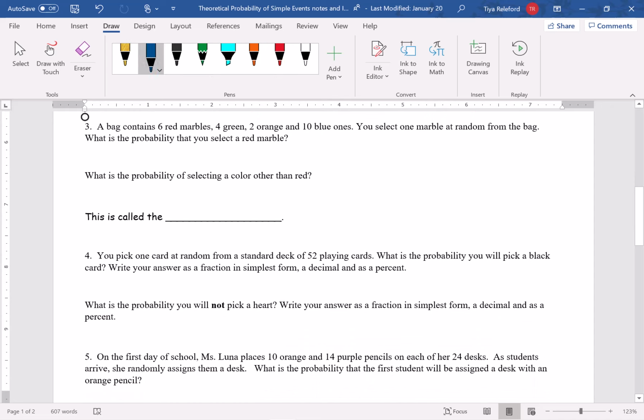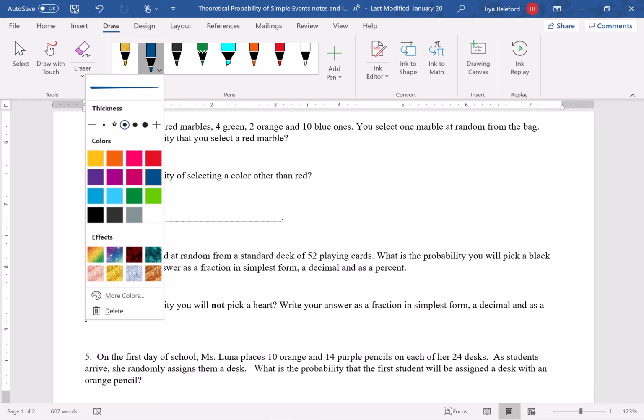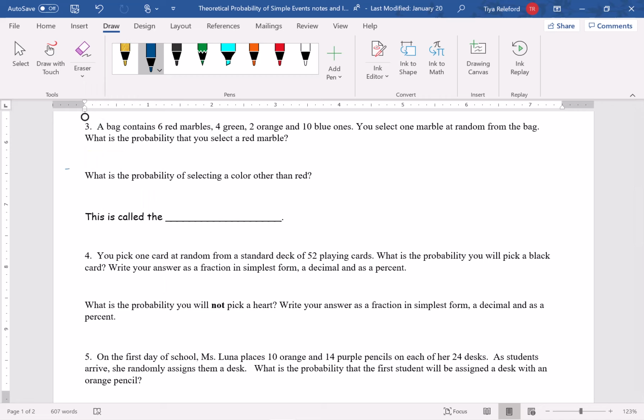So when I read these, I like to make a list because I don't like to reread. It's up to you. A bag contains 6 red marbles, 4 green marbles, 2 orange marbles, and 10 blue ones. You select 1 marble from the bag.